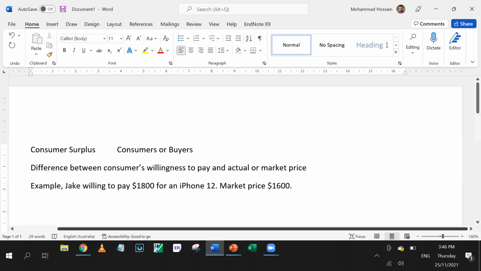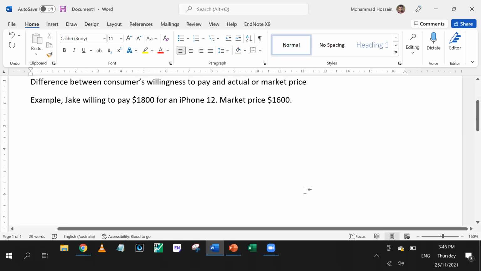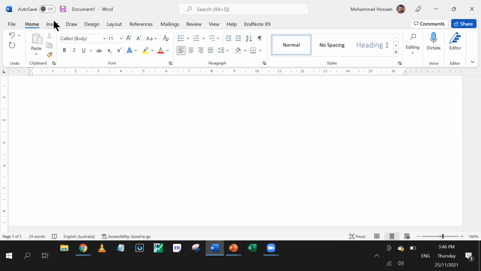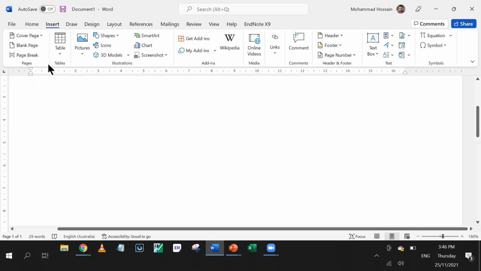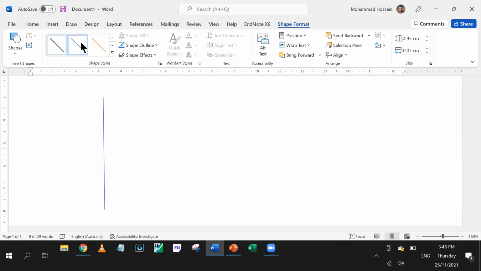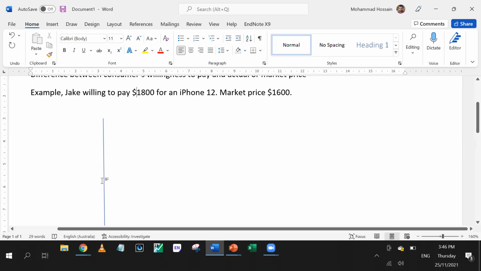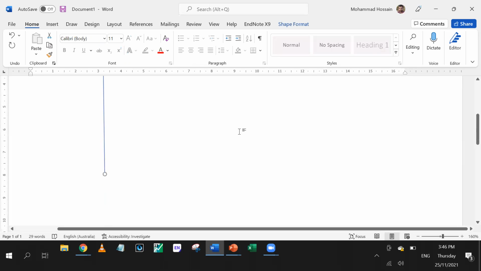And how do we actually show these things in a graph? We show it this way. I'm going to draw it. So let's say this is your x-axis and y-axis.